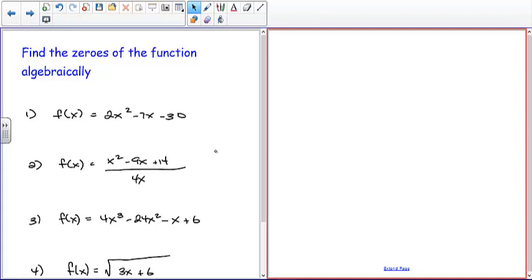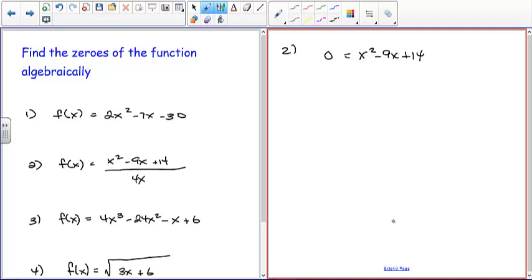Now we haven't talked about rational functions, and we'll cover this in more detail in the second chapter, but rational functions are 0 when the numerator of the rational function is 0. So we're just going to have to have that be 0. The denominator has no impact on zeros.